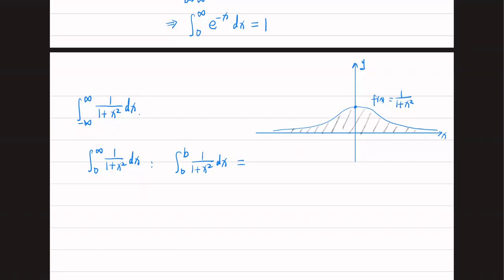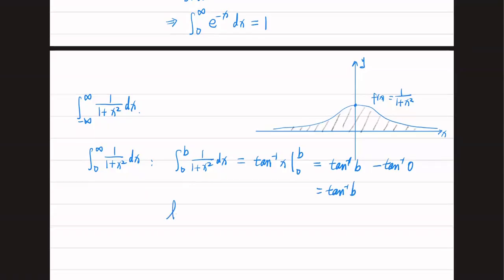The antiderivative for this, 1 over 1 plus x squared, is the inverse tangent, arctangent. Evaluating from 0 to b gives arctangent of b minus arctangent of 0. Arctangent 0 is 0. Now let's think about the limit.